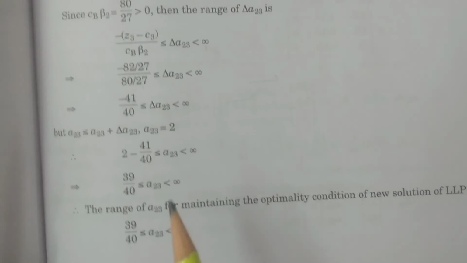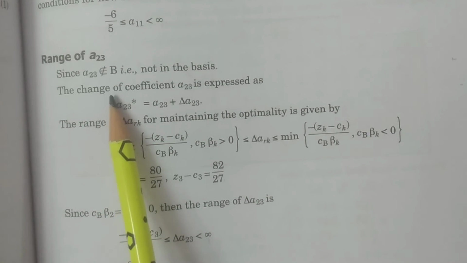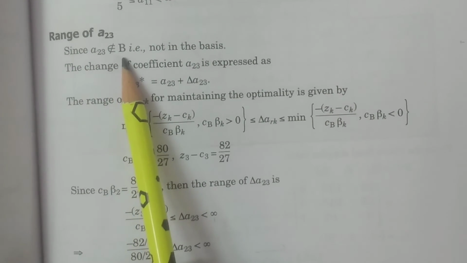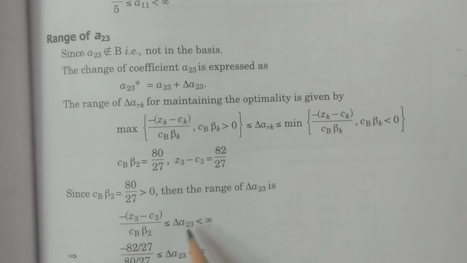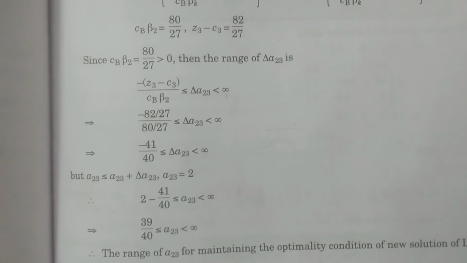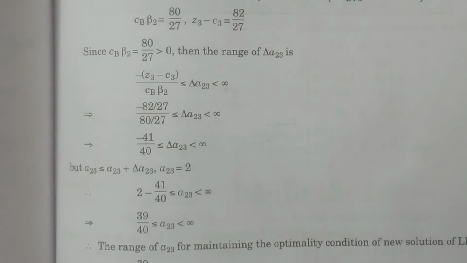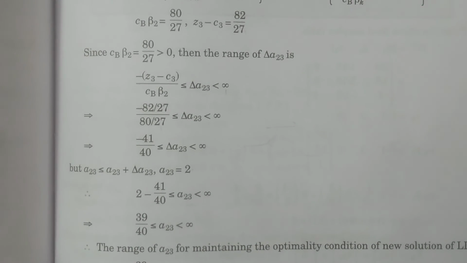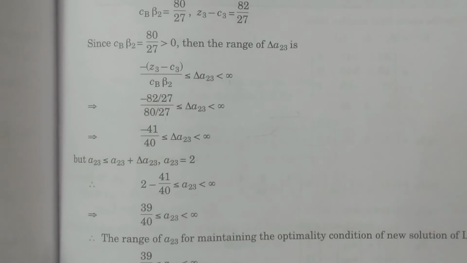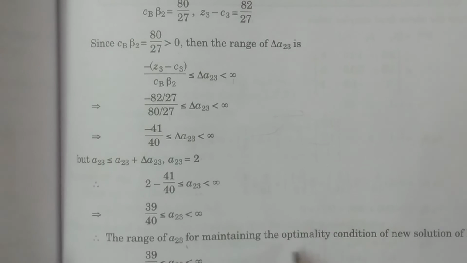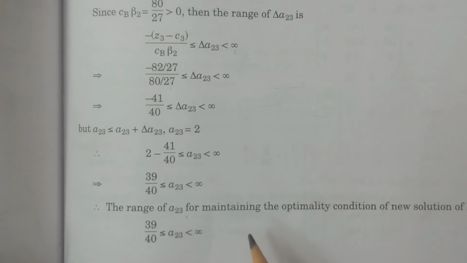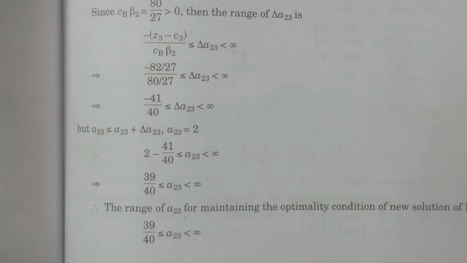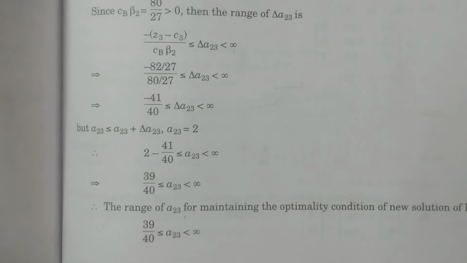Because this is case 1, where A23 does not belong to B, only optimality is going to be affected. That is the reason why we have calculated only optimality, nothing else. So that is the required solution for the 2 cases. Hope you understand. Thank you so much.